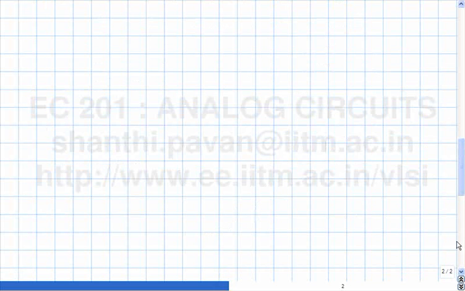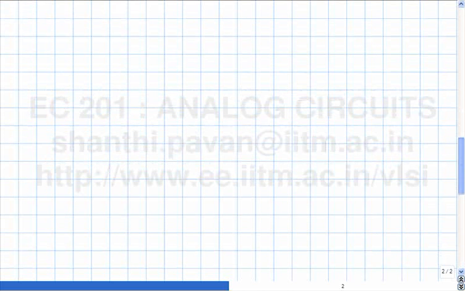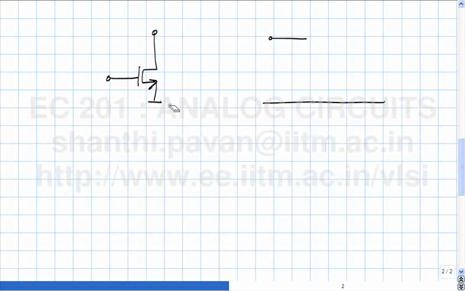Without getting into the details, I will just put down the equivalent circuit of the MOSFET operating in saturation. We said that the incremental circuit of the transistor was this.